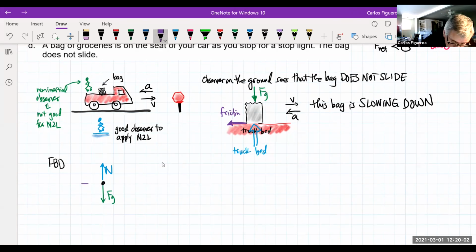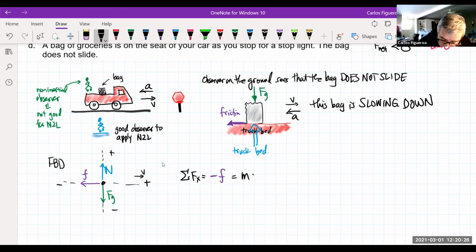The force of friction is the only unbalanced force. A good choice of directions would be something like this. The force in the x direction: there's only one force, and it's pointed in the negative direction. It's this force that is the cause of the deceleration of the bag.